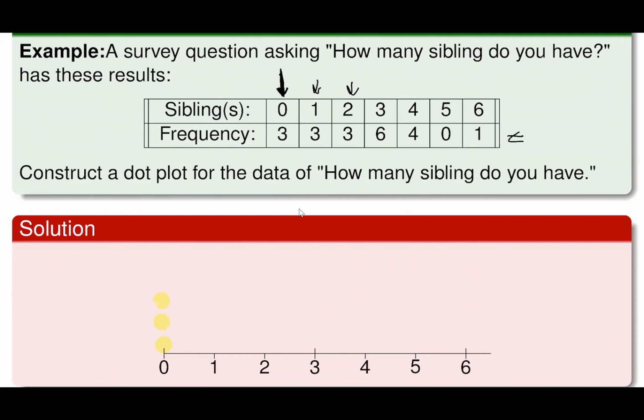So let's actually use something better. How many people said they have 1 sibling? 3. Yeah, 3. How many people said they had 2 siblings? 3. 3. All right, and then you have 6 people who said they had 3 siblings.